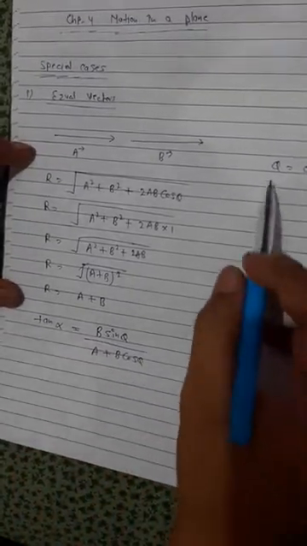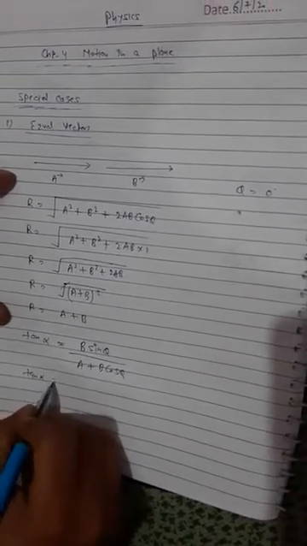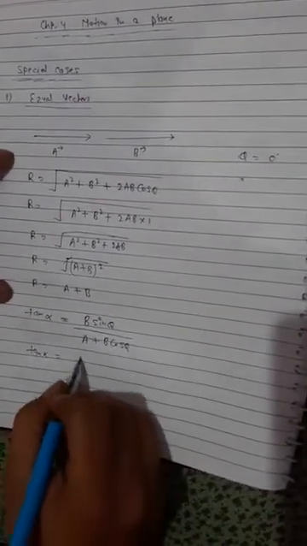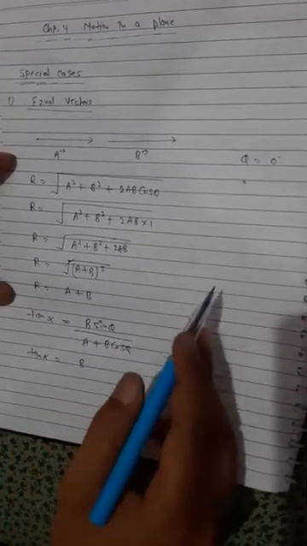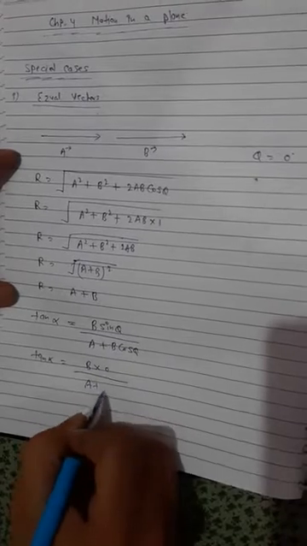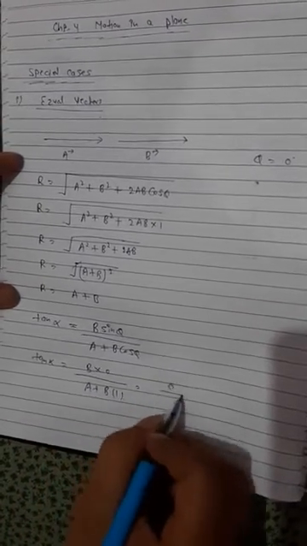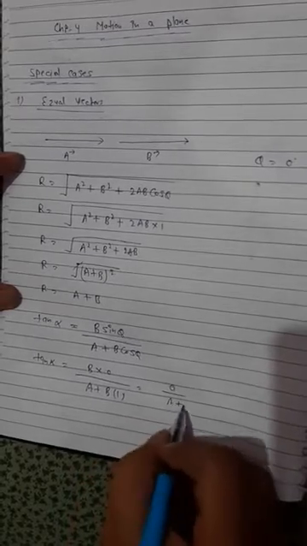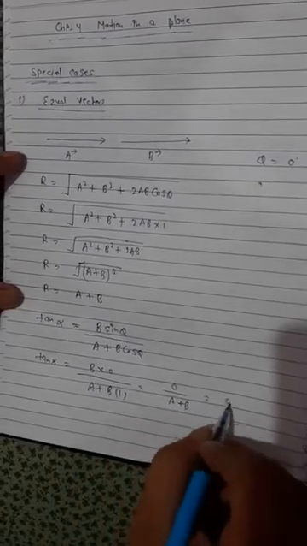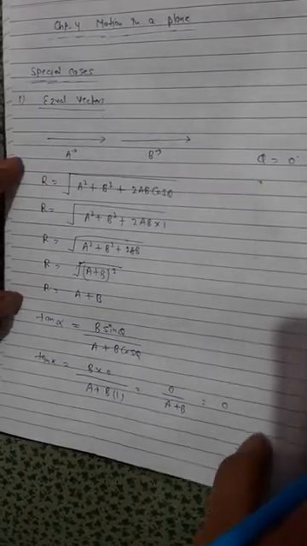And now we have theta equal to 0 degree. So let's put in the value of theta. Sin 0 will be 0, and a plus b cos 0, where cos 0 is 1, so the whole term will be equal to 0. So the angle will be 0.